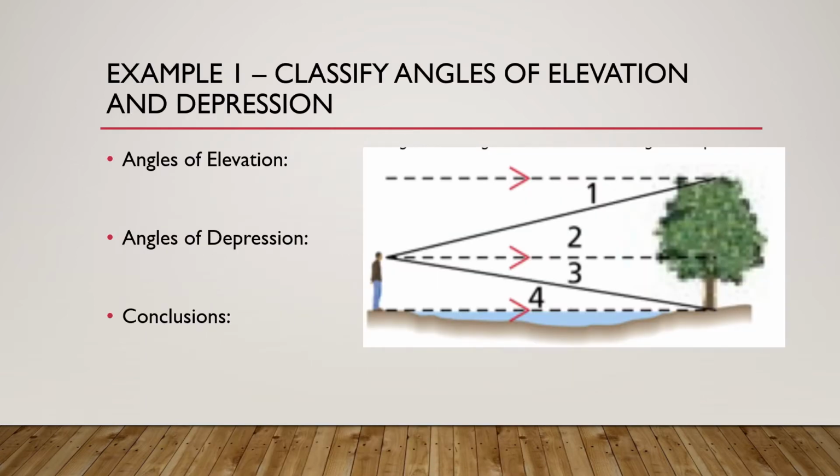So we're looking at our angle of elevation. We have a line of sight. Here's our man, say this is our line of sight, and the horizontal line, and we want to go above that horizontal line. That'd be angle 2.